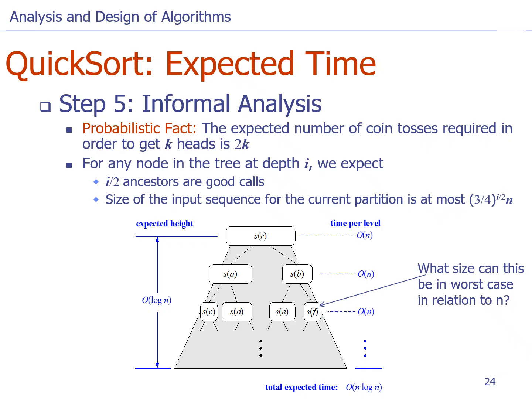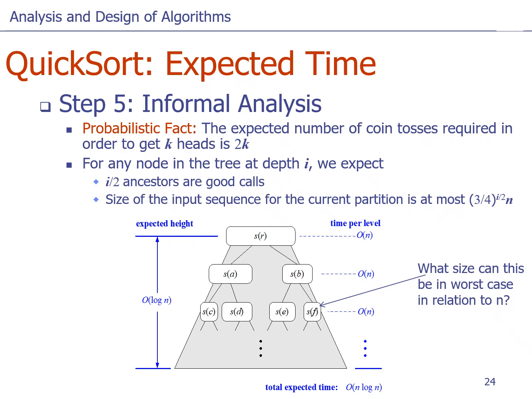But I will assume the worst case, which is that I got 3 bad pivot selections, and in each one the 3/4 were on the path from the node I'm at to the root. So how many times did I get the bad 3/4? 3 times out of the 6, and that's why I am raising this to the power of i divided by 2, where i is the depth.